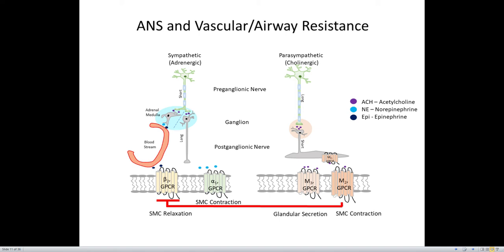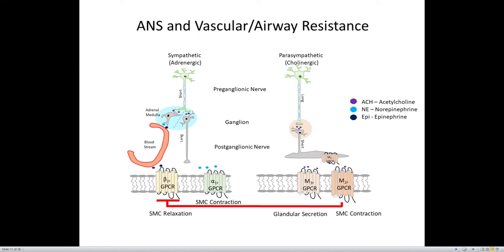On the other side of this, we've got acetylcholine being released from the parasympathetic preganglionic nerve and released from the postganglionic nerve, binding to the muscarinic 3 receptor and the muscarinic 2 receptor. When it binds to the muscarinic 3 receptor, then it's going to produce smooth muscle cell contraction and glandular secretion.